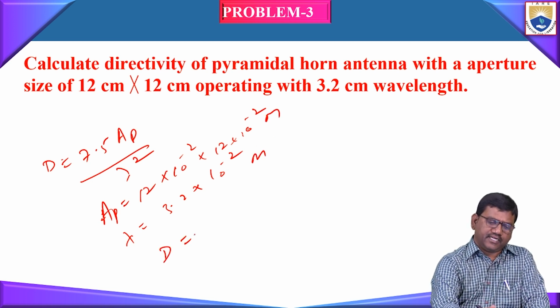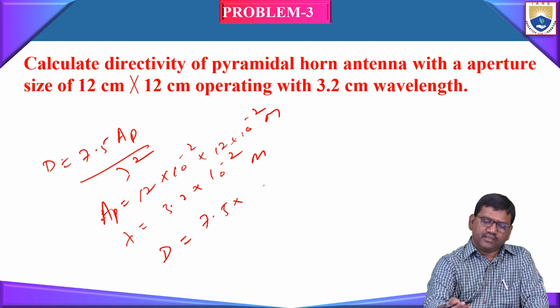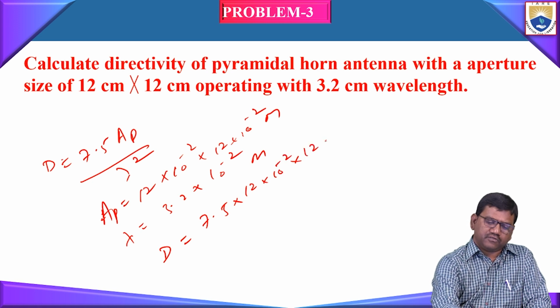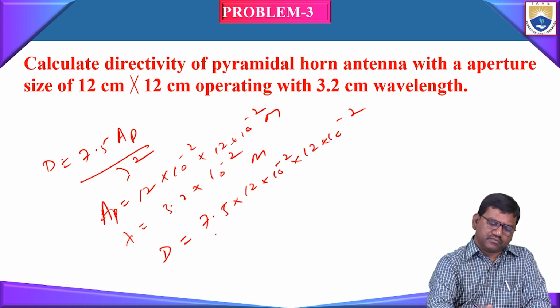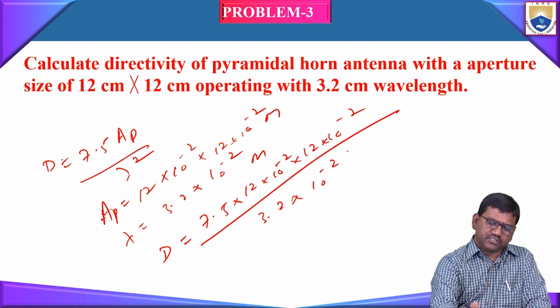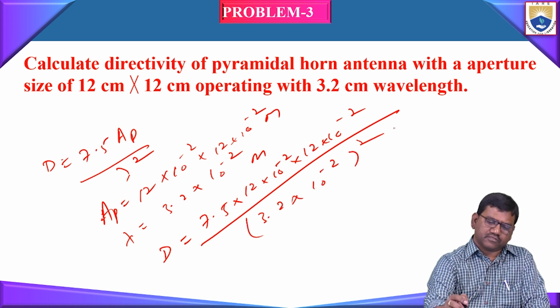If we substitute this data, D is 7.5 into 12 into 10 power minus 2 into 12 into 10 power minus 2 divided by 3.2 into 10 power minus 2 whole square.